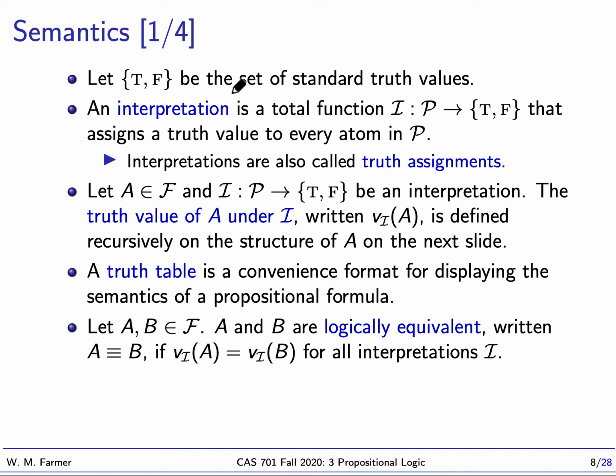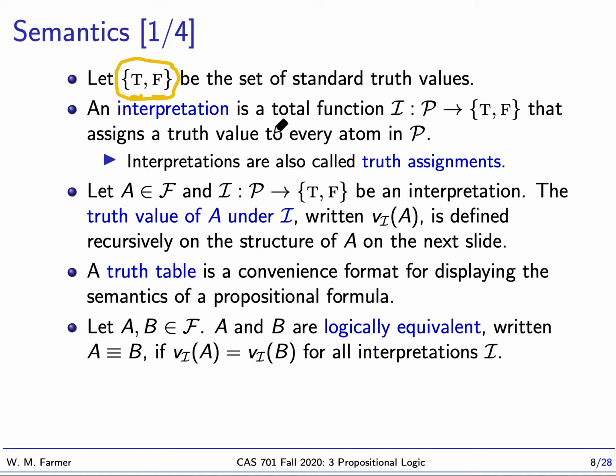Okay, so we're ready to define the semantics. The first thing to notice is that we're going to have a standard kind of semantics. That means we're going to think of our formulas as always denoting either the true value or the false value. So this set is going to be the set of the standard truth values.